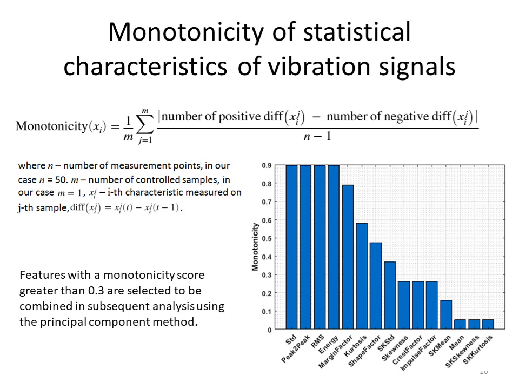For quantitative estimation of the suitability of a statistical characteristic for further analysis, it is proposed to use a formula. Characteristics with a monotonicity value of more than 0.3 are selected for combination in the subsequent analysis using the method of principal components.